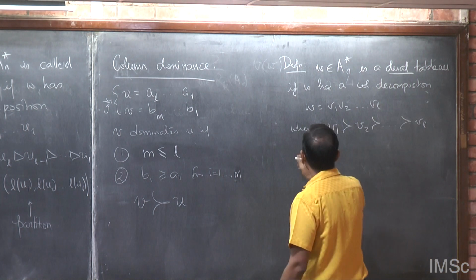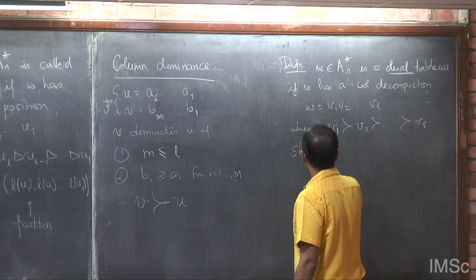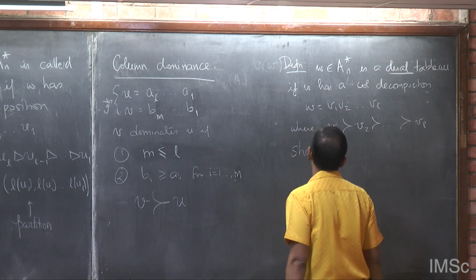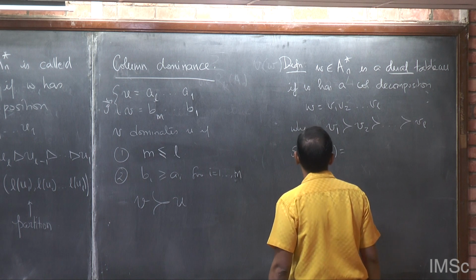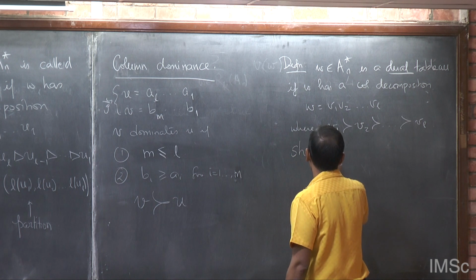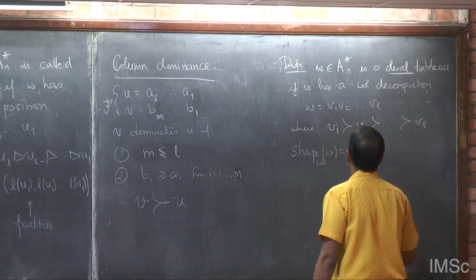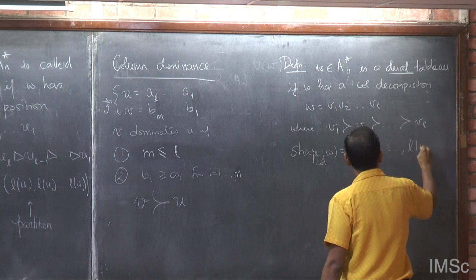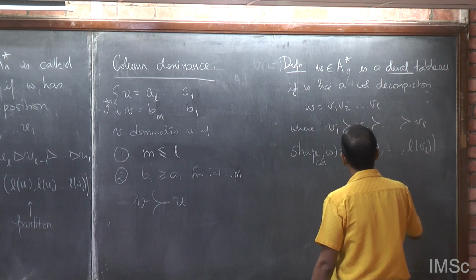And the shape of W as a column tableau is a partition.